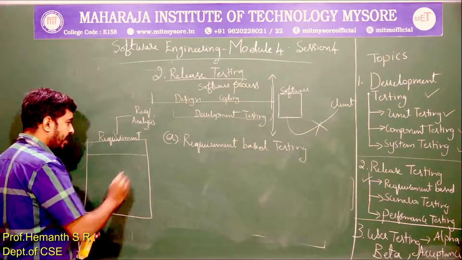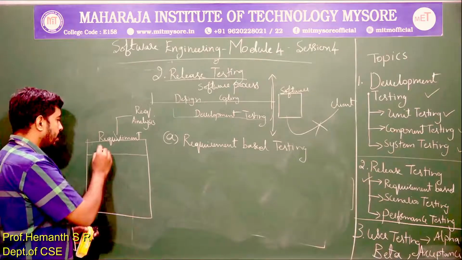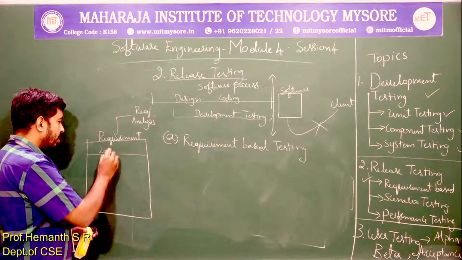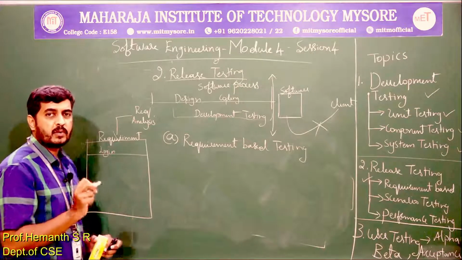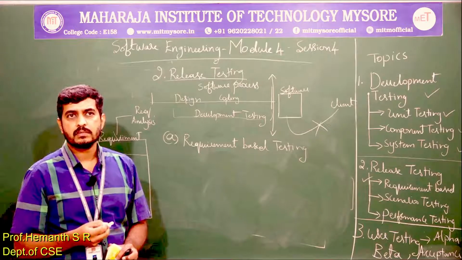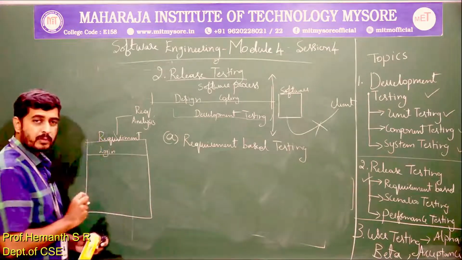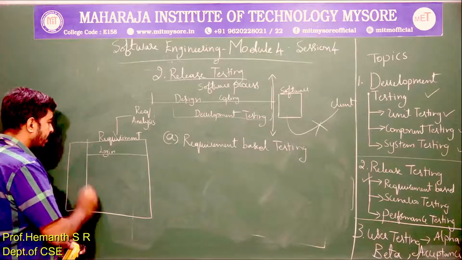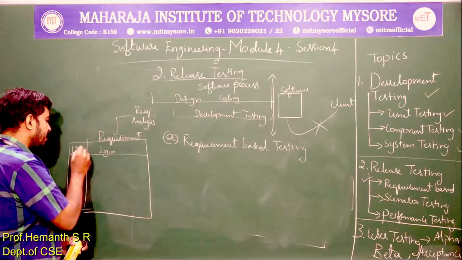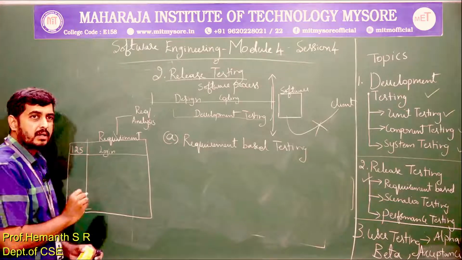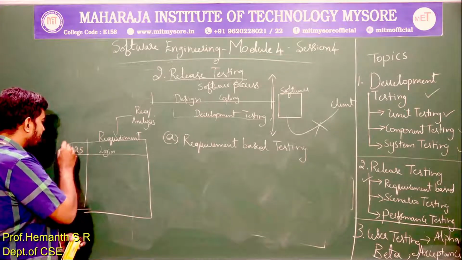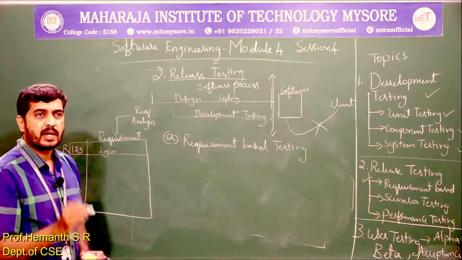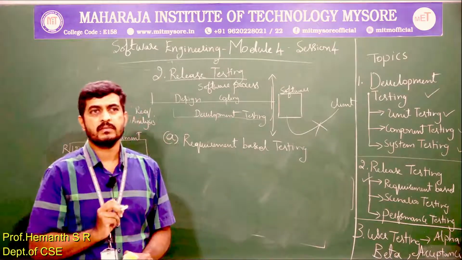So the hospital had given a requirement that there should be a login for the patient monitoring system or software. This is one of the requirements. So for this requirement, a numbering will be given so that it is uniquely identified. For example, 125, or to be more specific, I'll call it R125, meaning requirement number 125.